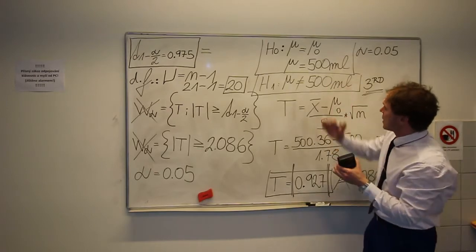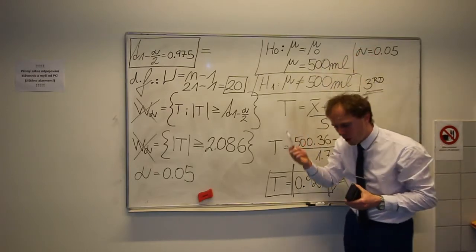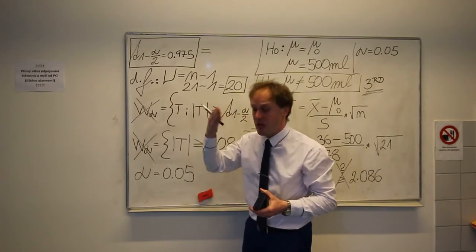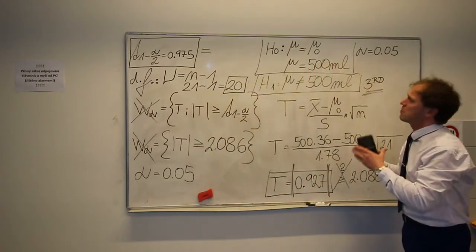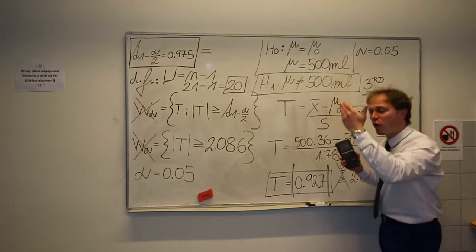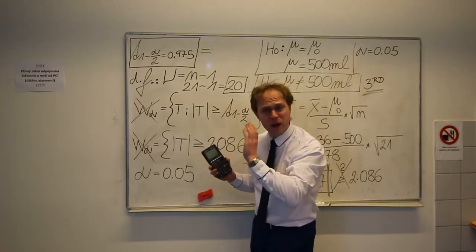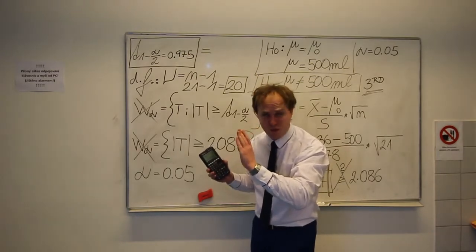It means that average volume of beer in the beer bottles is equal to 500 milliliters. In other words, it means that the repair of the filling line was successful.